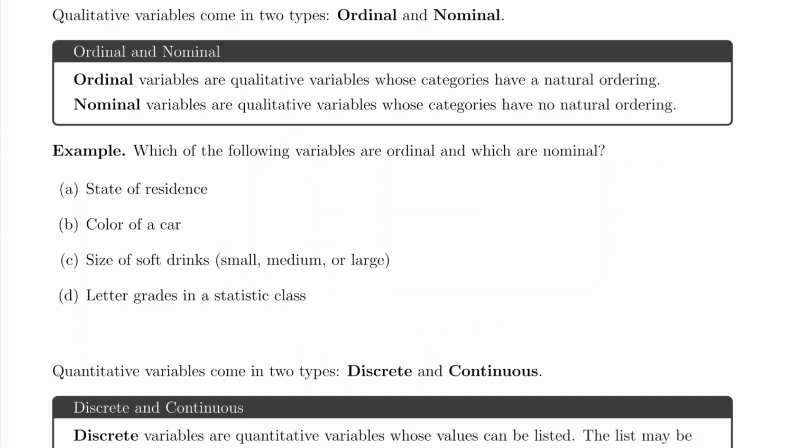Now, within qualitative variables, categorical variables, there are two separate types: ordinal and nominal. Ordinal variables are qualitative variables whose categories have a natural ordering, whereas nominal variables are qualitative variables whose categories have no natural ordering. Okay, so let's look at an example again.